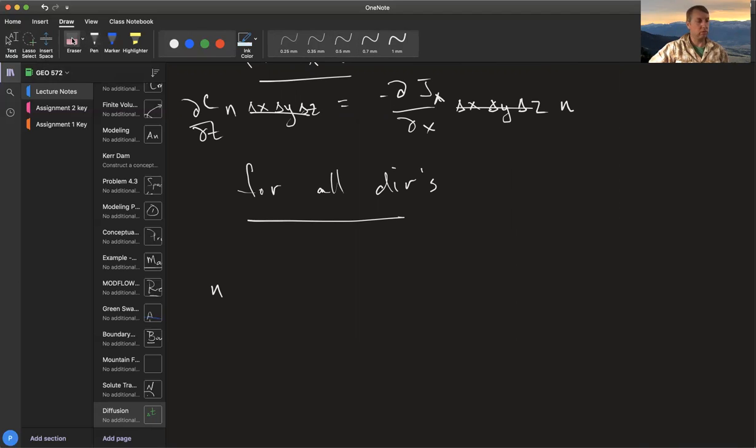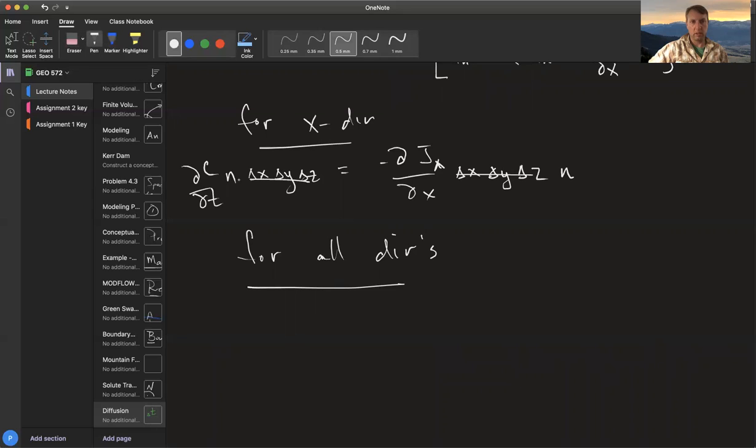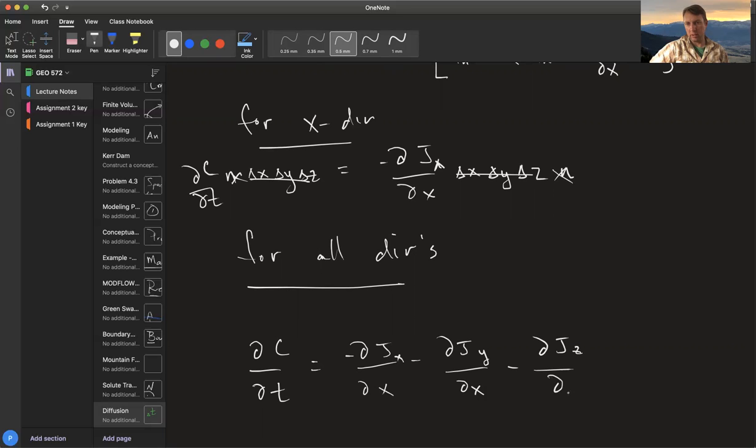Okay, so now n cancels out here, and I get dC/dt is equal to negative dJx/dx minus dJy/dy minus dJz/dz.